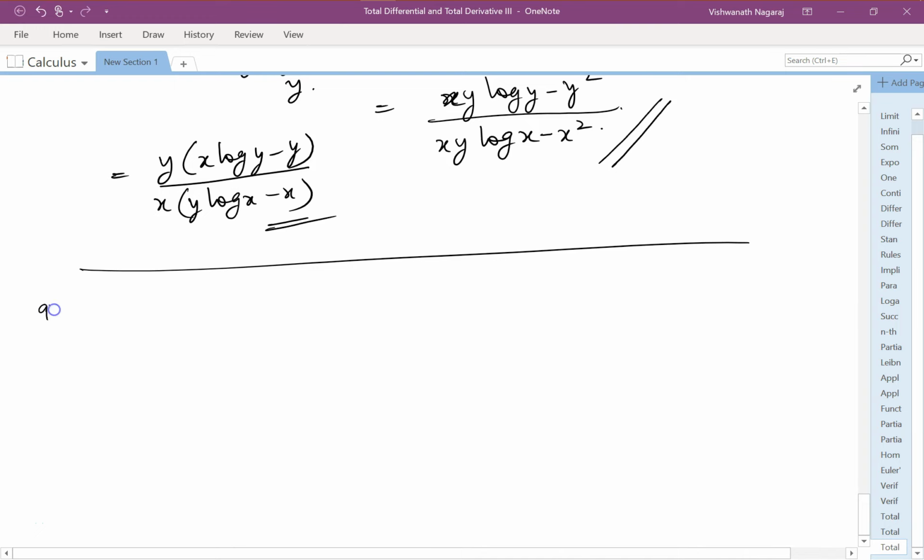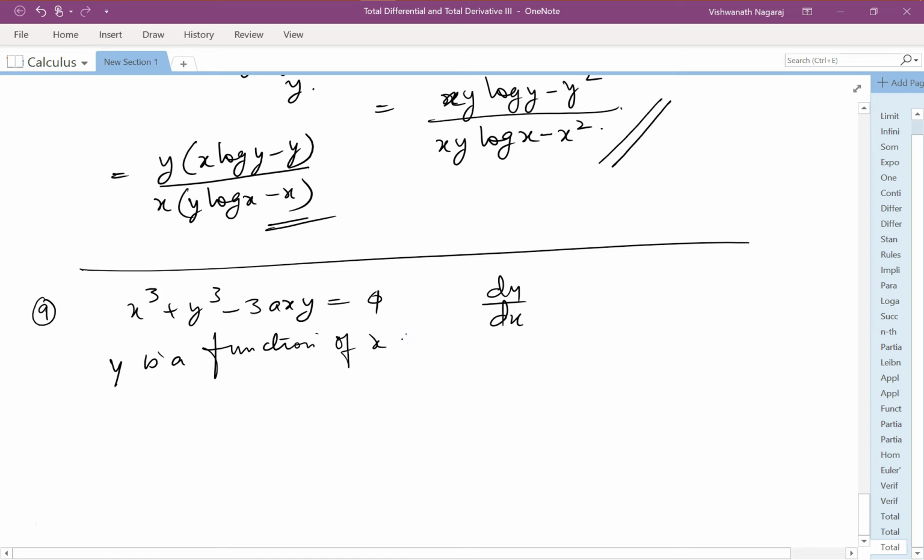Let's do a very quick one, let's say x³ plus y³ minus 3axy equal to 0. Now what we have to do is find dy/dx. Now here if you notice x and y both are there, so y is a function of x, right? Implicit function.